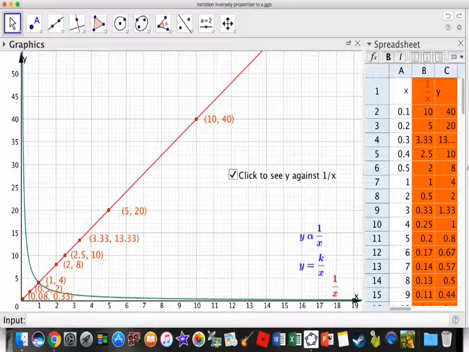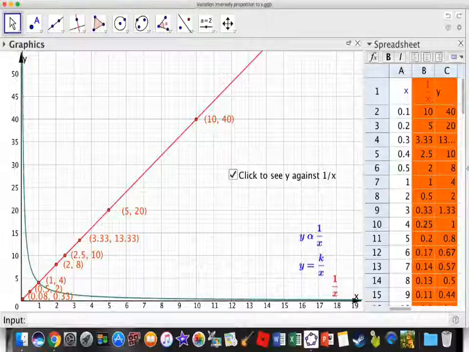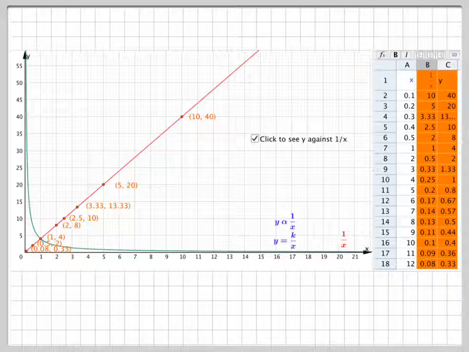I didn't plot all the points because there would be too many down here and it would get a lot of clutter. But that gives you the idea of the linear relationship, why we can say that y is proportional to 1 over x. We get a straight line. So here we have this line, and we can say that this is a linear relationship for y is proportional to 1 over x.